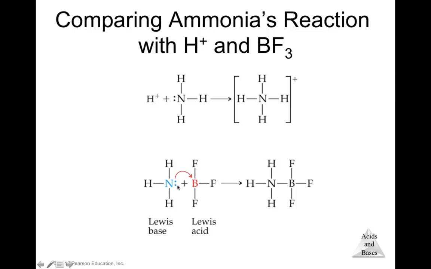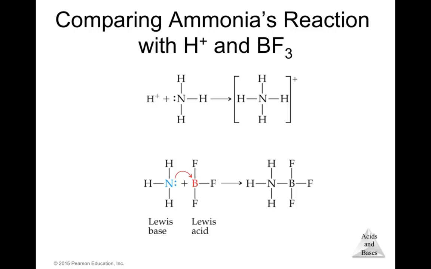Here, we don't have any acidic protons that could be transferred. The electron pair of nitrogen is making a bond with the boron, so we are transferring electrons.